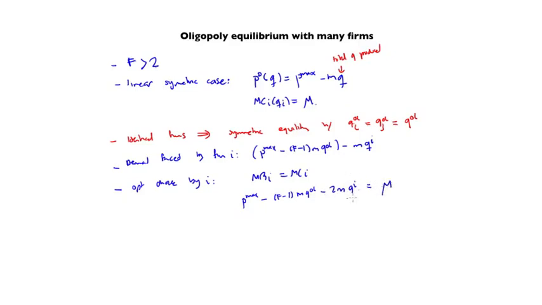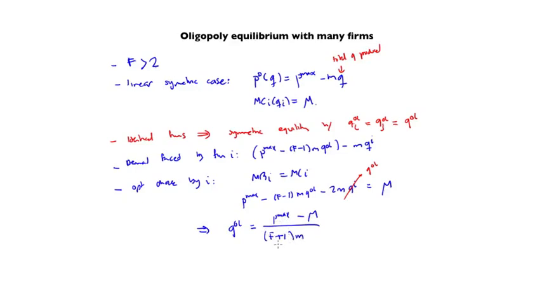And since this has to be the same for every firm, we can assume that Qi is QOL too. Just solving the equation, that implies that QOL is equal to (P max minus mu) over (F plus 1) M.